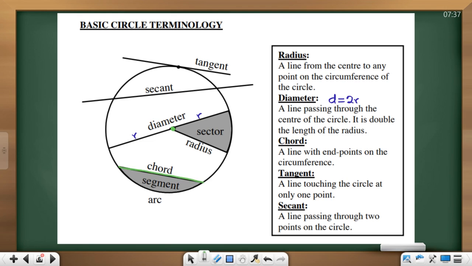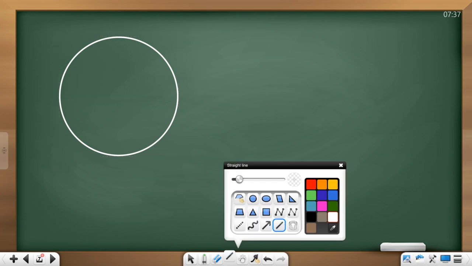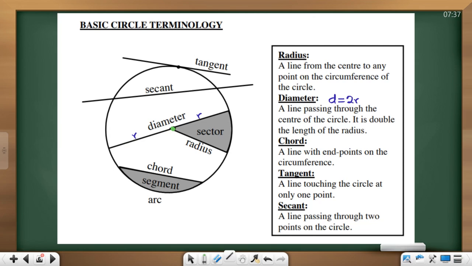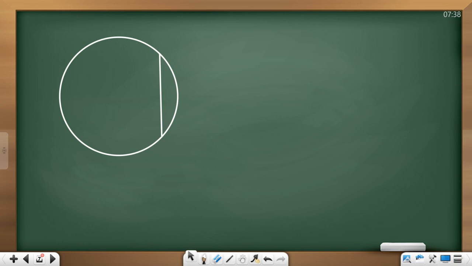And the chord, please, I'd like you to listen to this point. The chord divides a circle into two. What do I mean? A diameter also does, all right? So we're going to have a chord there. That is a chord. Now, this chord divides the circle. If you look at this part, it is called a segment. Please watch this, because I'm going to need this statement as we go on.